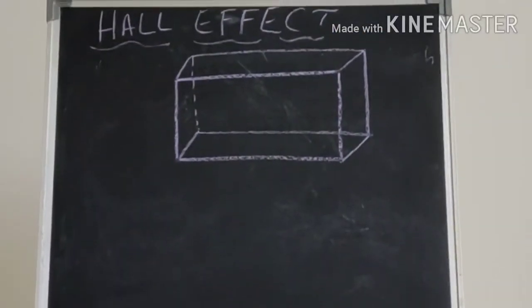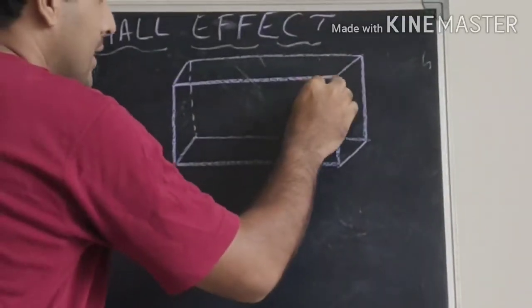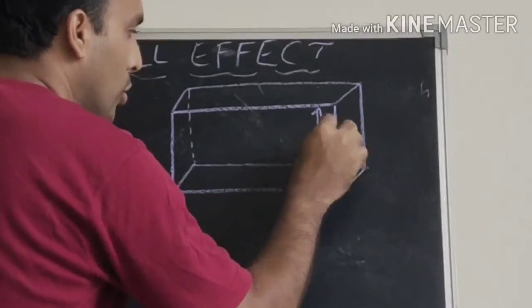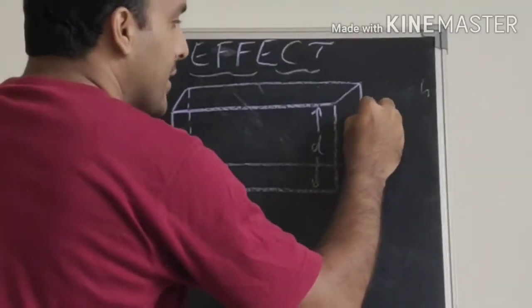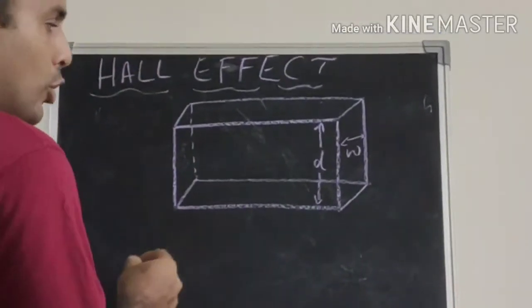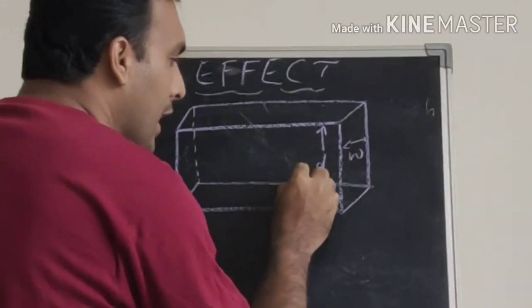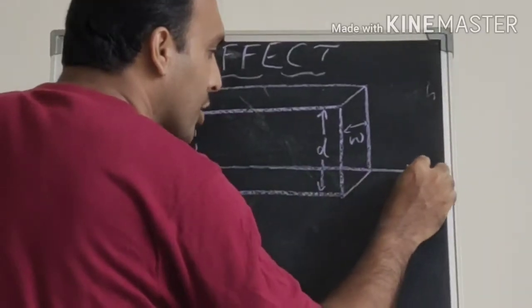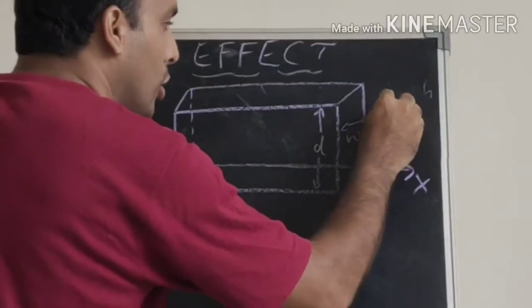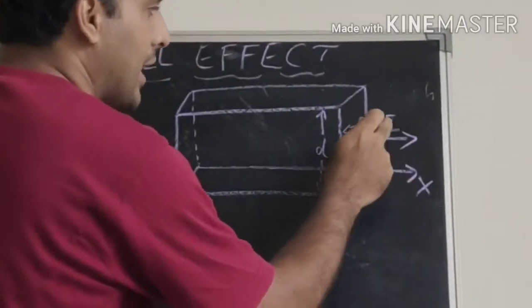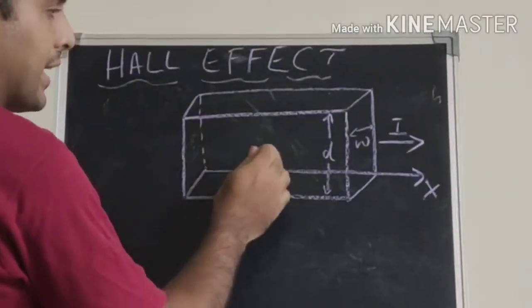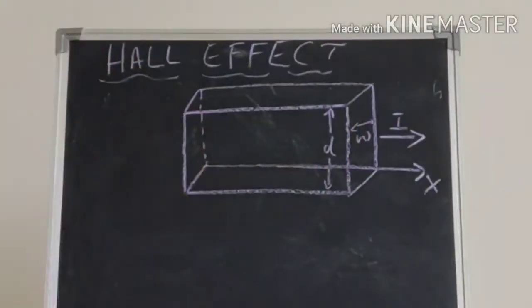The distance between the upper end and the lower end is D, and its thickness is W. Now the current is flowing along the x direction. This is the x direction, so the current direction is the x direction, and I is the current which passes through the semiconducting material along the x direction.